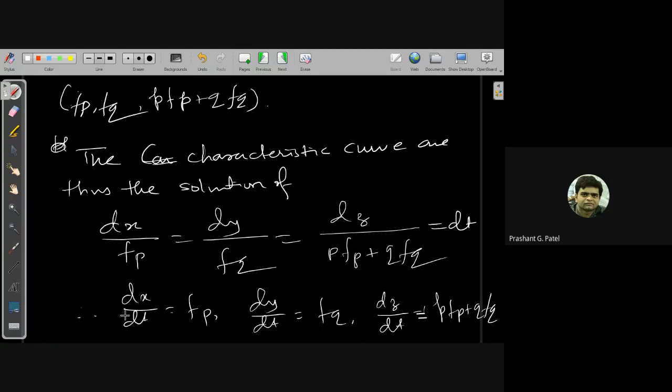So these three ordinary differential equations will give us the characteristic curve, but they cannot be solved because p and q are involved. We need more information regarding the variation of p and q, and for that we need some information regarding the characteristic curves which involve p and q.